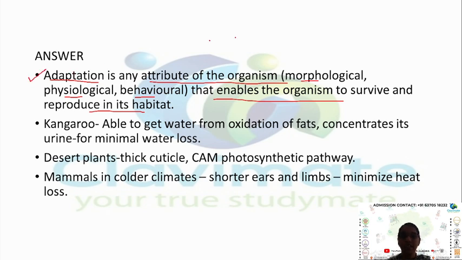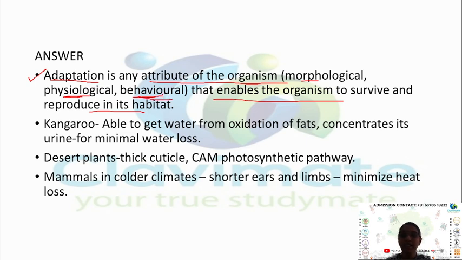So morphological adaptation is something to do with the physical appearance. Sometimes you see that polar bears will have a thick furry coat. This is morphological adaptation. Physiological adaptation is within the body. And behavioral is something you exhibit, the behavior. That is, some animals will undergo hibernation.